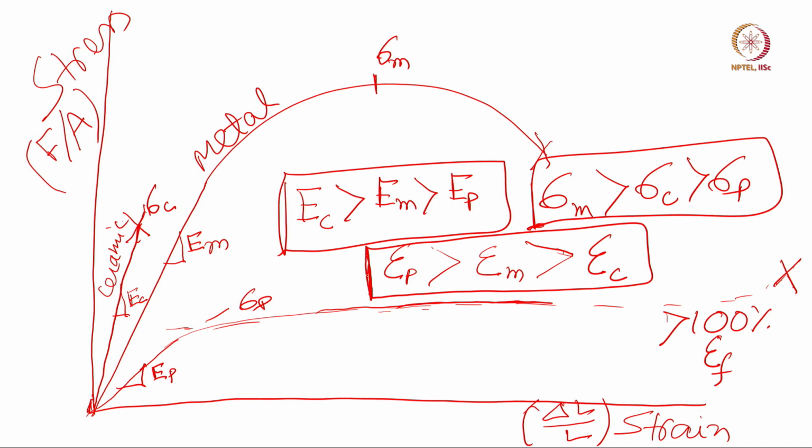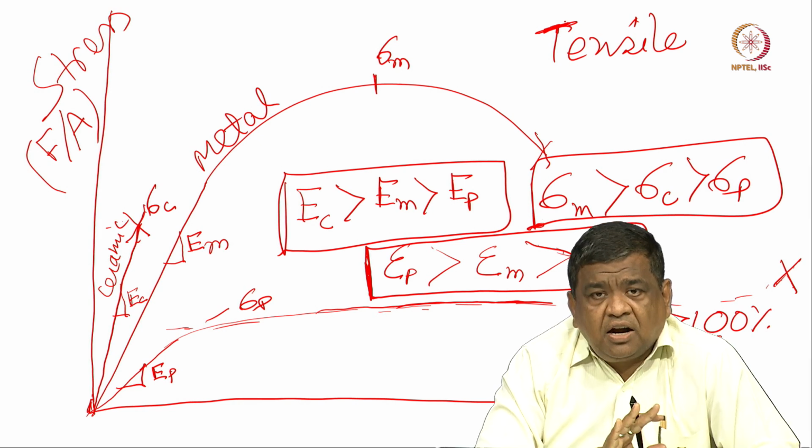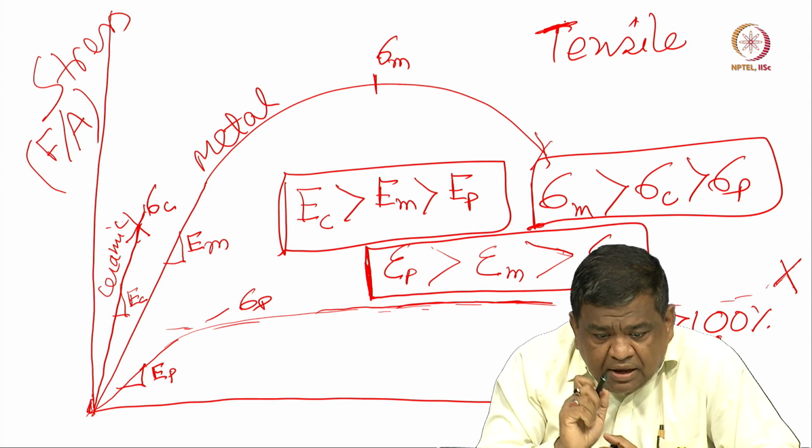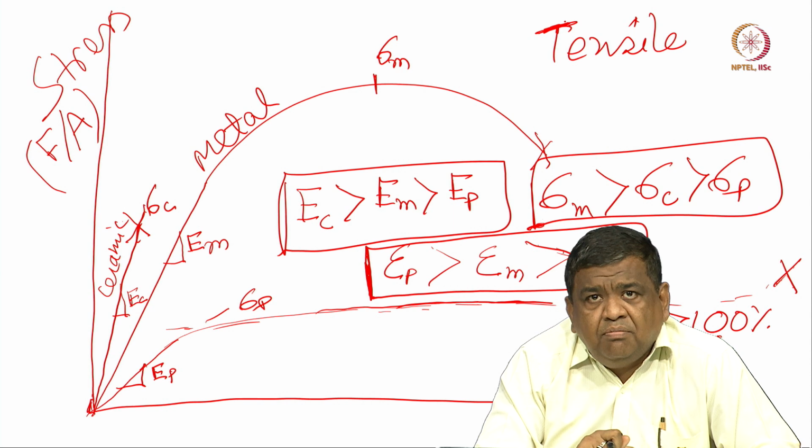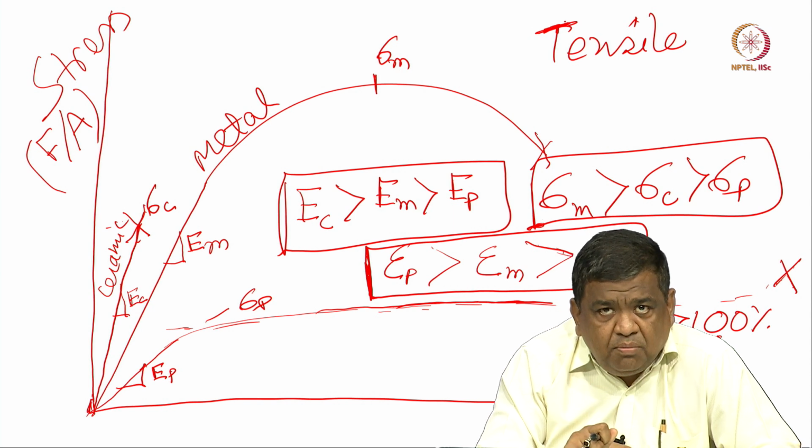From this description in this particular slide, which describes the tensile stress strain behavior, or tensile deformation response, of metal, ceramics and polymer, I am sure you will appreciate three facts. Fact number one: the elastic modulus of ceramics is higher than that of metals, which is higher than that of polymers.